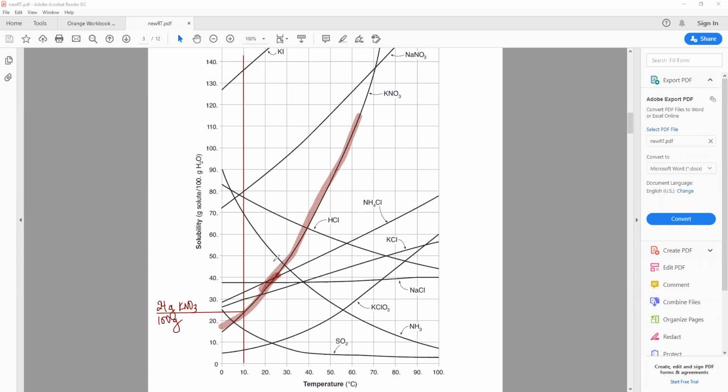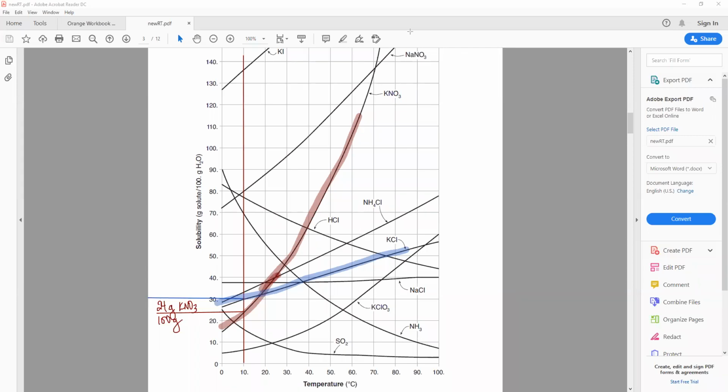Then the next one is KCl. Let's choose a different color. So KCl is over here. At 10 degrees Celsius, I need it to be over here.